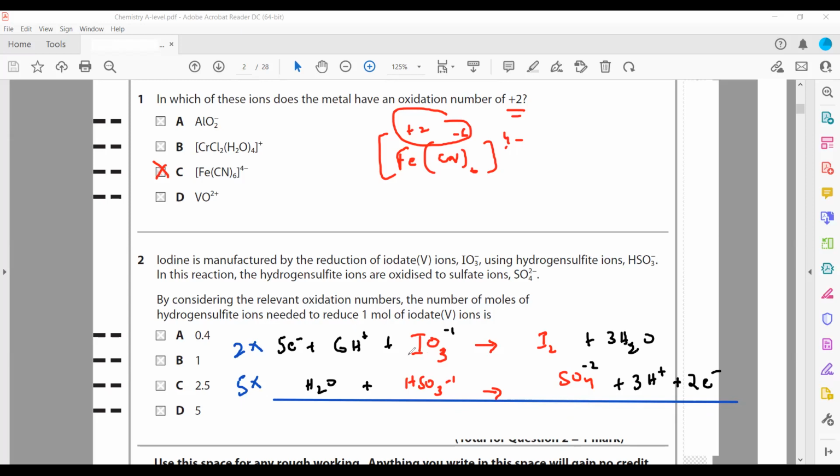When we multiply the top equation by 2, all the factors will be multiplied. But we just need a ratio for iodate and hydrogen sulfite: when 1 mole of iodate is there, how many hydrogen sulfite? I'm just writing what we need as a reactant. So it will be 2IO3 minus. And when we multiply the bottom equation by 5, I'm just using that bottom part.